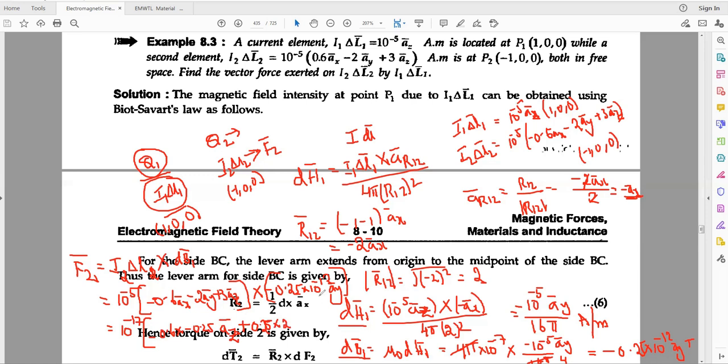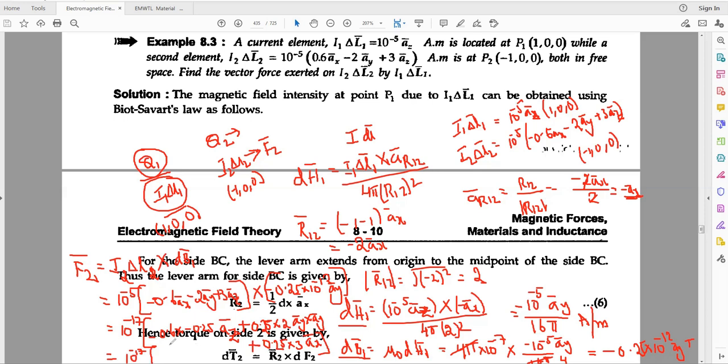AY cross AY is equal to 0, since AY cross AY is nothing but 0. Then after, minus 3 into 0.25, AZ cross AY is a reverse, so it is a minus, and the AX bar. Got it, my students?